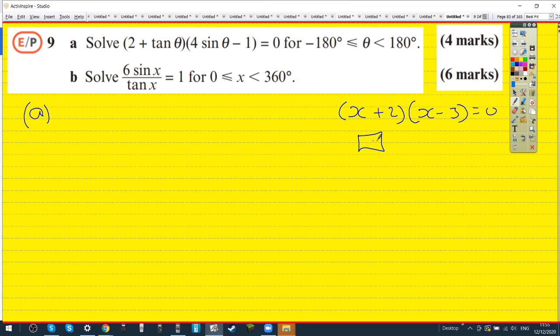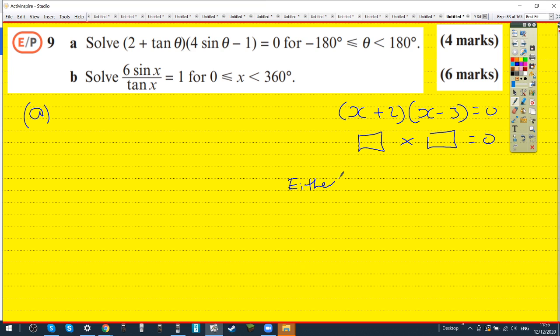Two numbers multiplied to make 0. Can you think of any two numbers that multiply to make 0? Let's just do 1 and 0, I guess. Yep. Is it possible for two numbers to multiply and make 0 where one of those numbers is not 0?